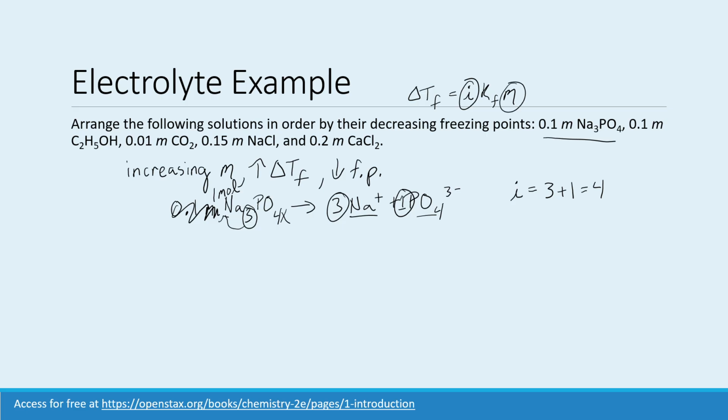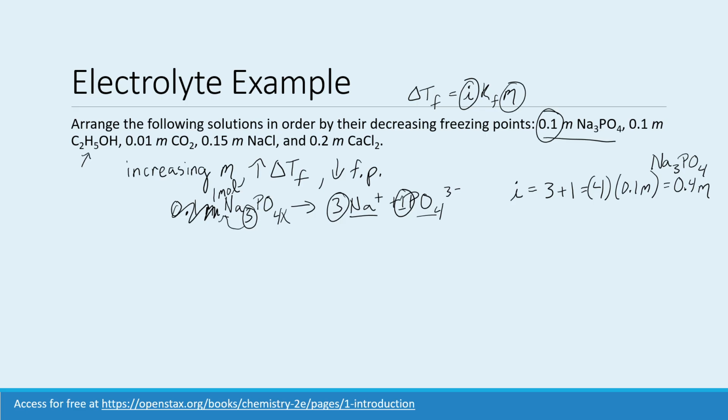So we have to multiply that Van't Hoff factor times the molality. We assume that the Kf is going to stay the same and that the solvent is water throughout. So all we're looking at is the Van't Hoff factor and the molality. We take that Van't Hoff factor times the molality that we were given, the 0.1, and that gives us 0.4 molality for the first. So that is for the sodium phosphate.